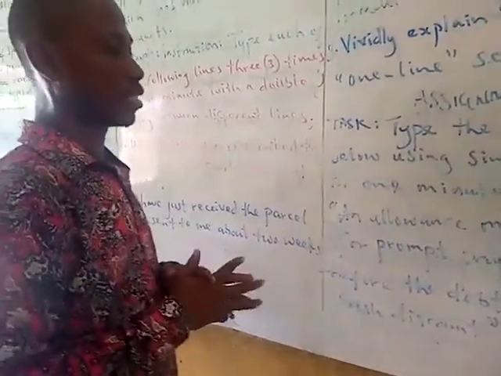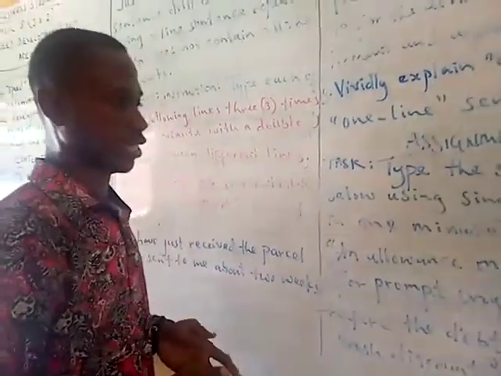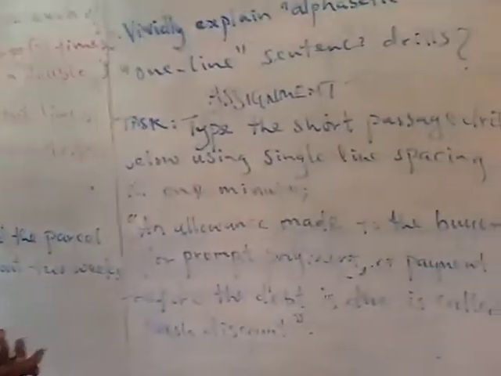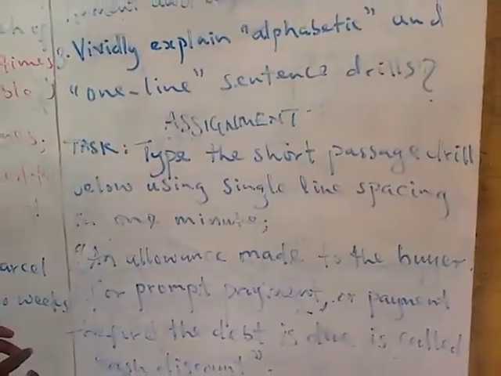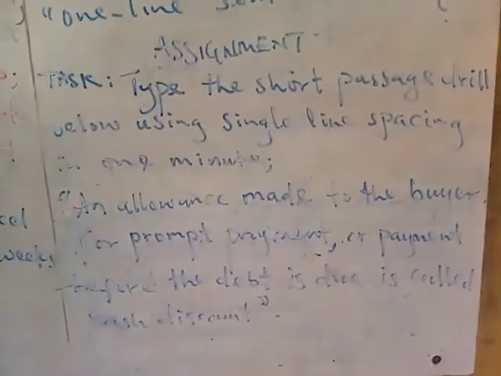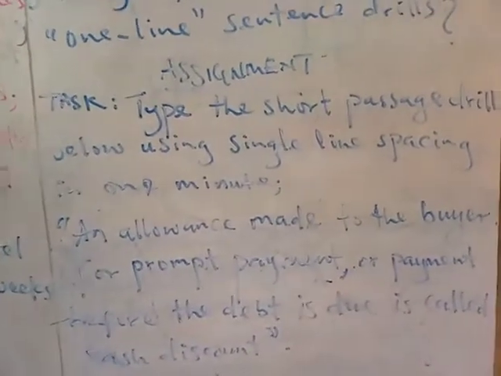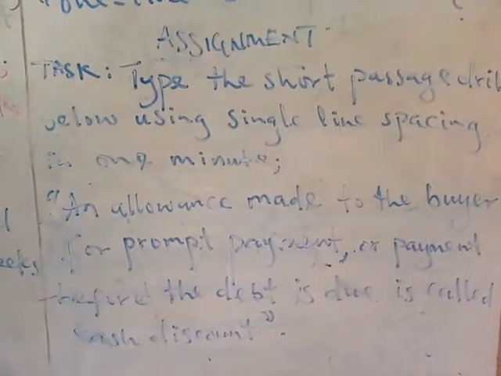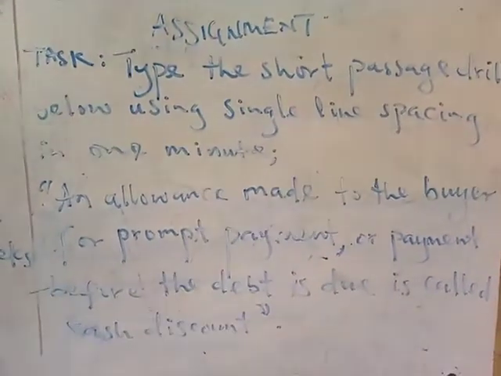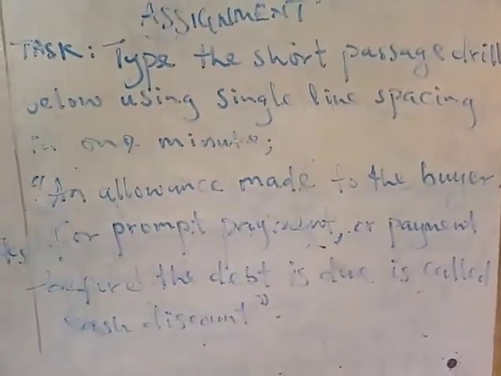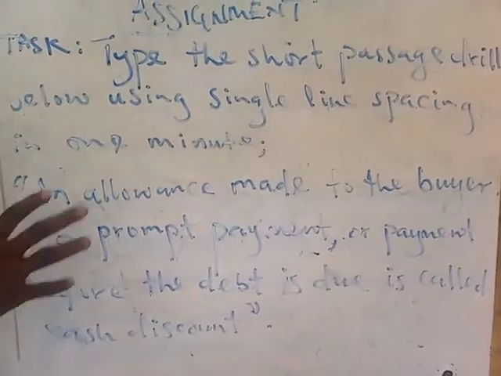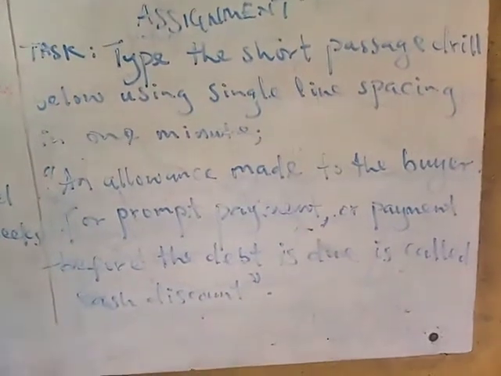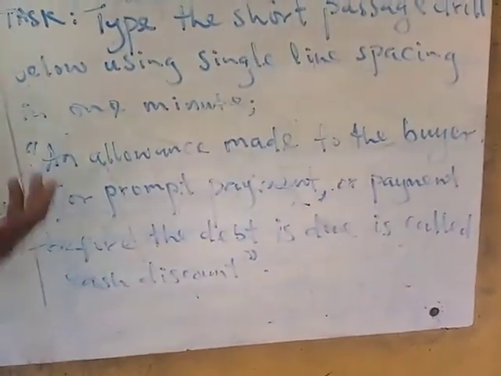One thing about the short passage drill is that, one, it doesn't contain all the alphabets. Secondly, as we see here, we are not asked to type it 3 times, unlike the alphabetic drills or the one-line sentence drill. You just type it, but your timing matters. You are asked to type this within 1 minute.